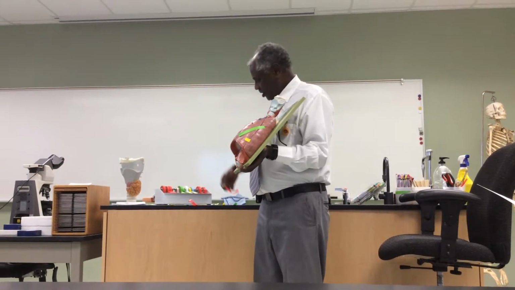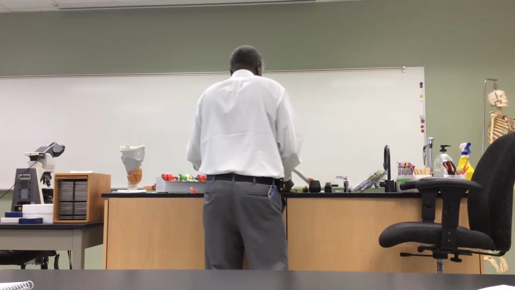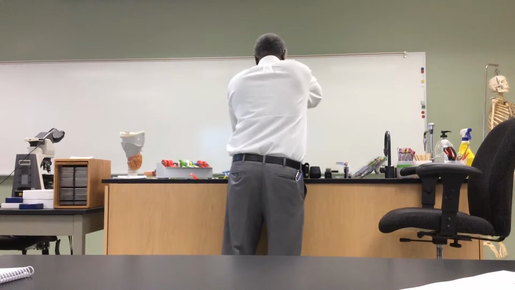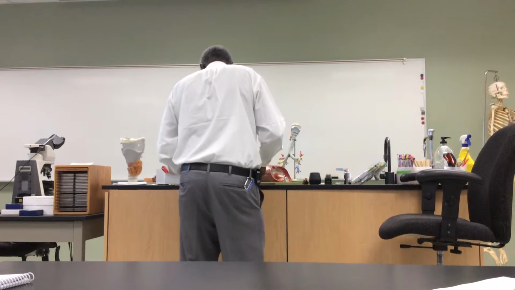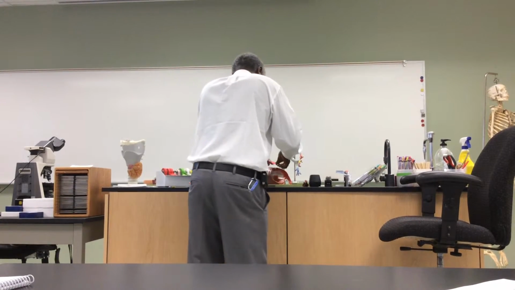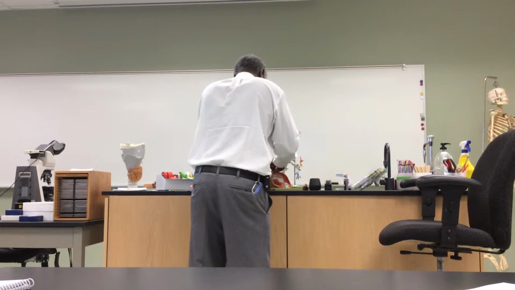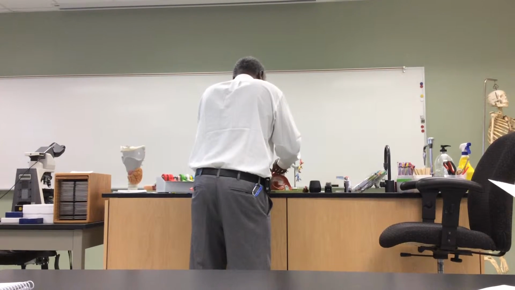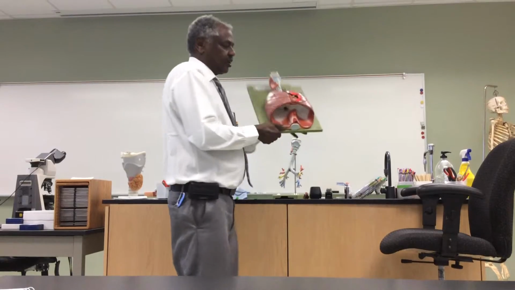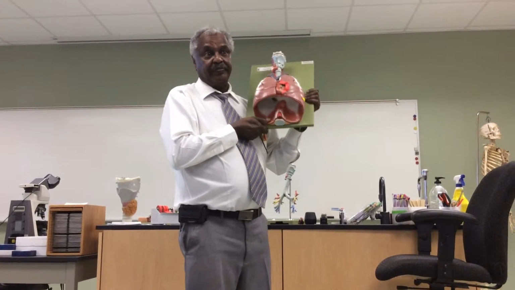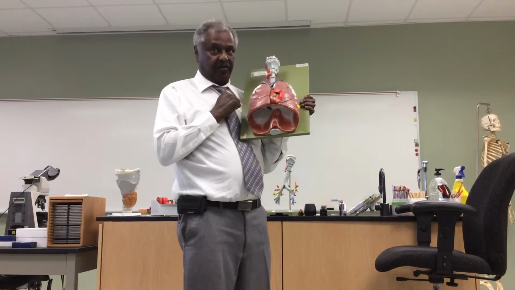But right here on the left lung, we have this structure that could be labeled just like this. Could be labeled just like that. Okay? And this structure is what? Cardiac notch. The cardiac notch. Notice that is where the heart lodges itself.